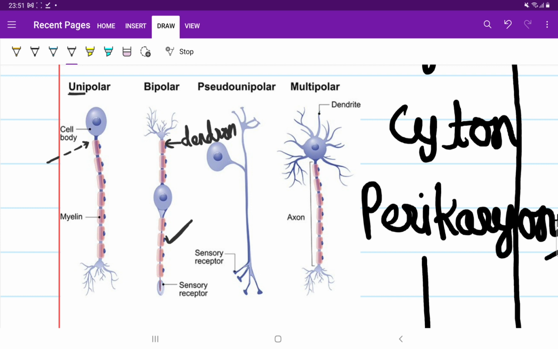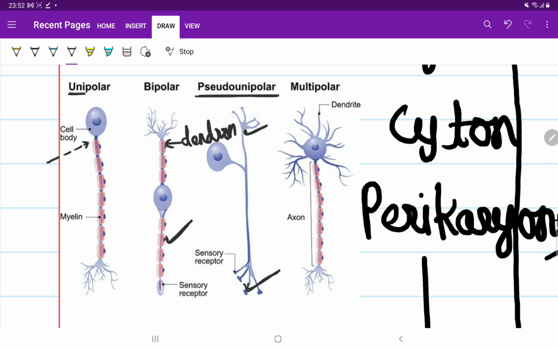Then the next one is the pseudo unipolar neuron. Pseudo means false, a false unipolar neuron. How? Try to understand it. This neuron is present in the dorsal root ganglia, the pathway through which sensory neurons collect stimulus and take it to the spinal cord. Here you see in this neuron one dendron and one axon are present, so it is like a bipolar neuron.